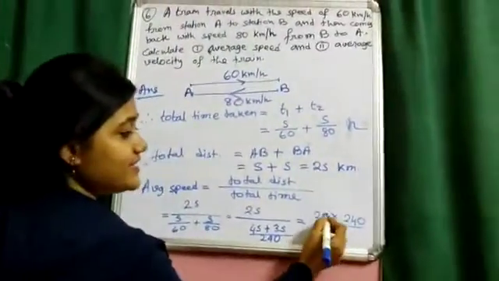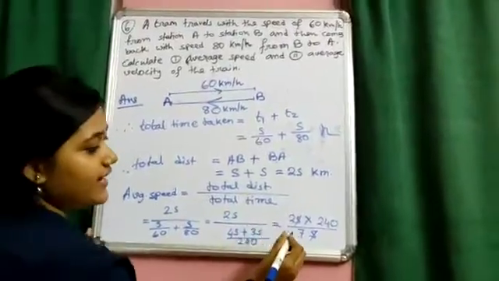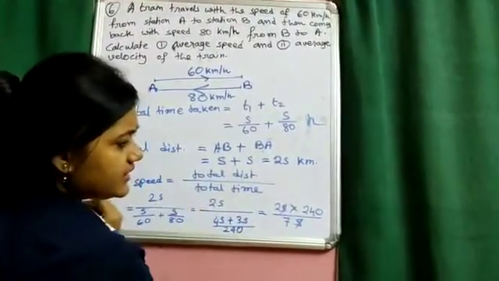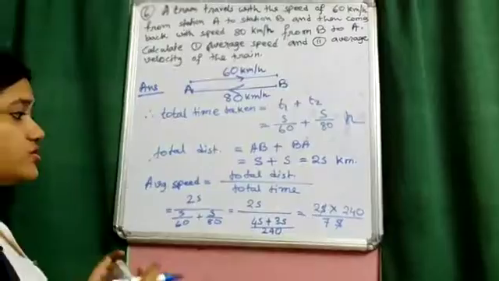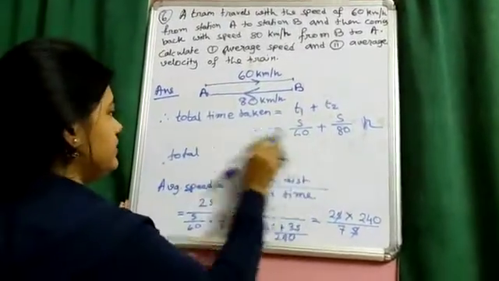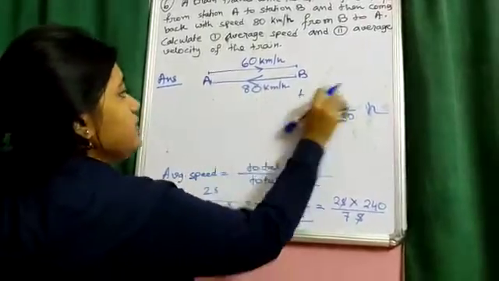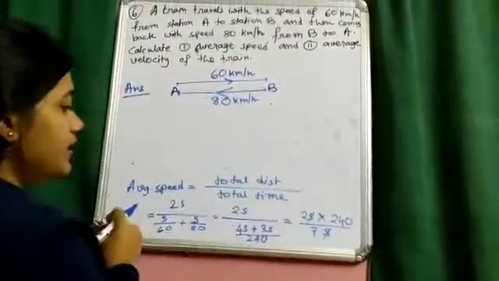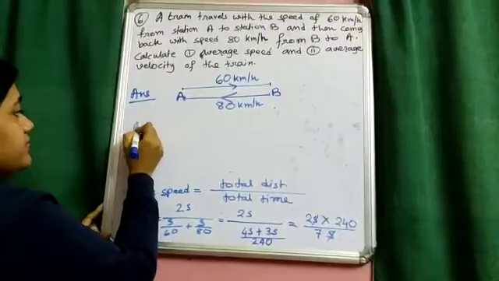Now S cancels out. Anything else? No, nothing. So what have we got about the average speed?